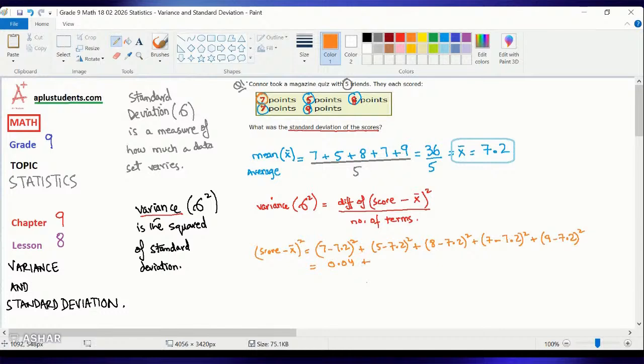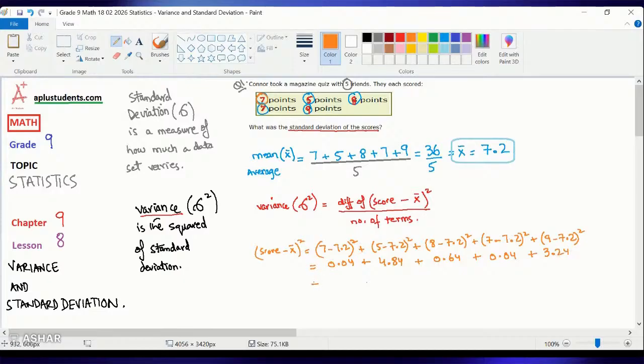If you are using a calculator, you do not have to write them, we can do them directly, but I'm showing you the working. 5 minus 7.2 is 2.2. When we square this, it comes out to be 4.84. 8 minus 7.2 squared would be 0.64. 7 minus 7.2 we have already done, 0.04. And 9 minus 7.2, the answer squared would be 3.24.